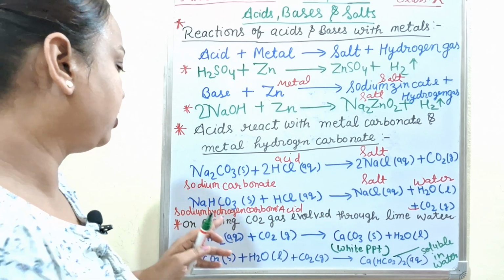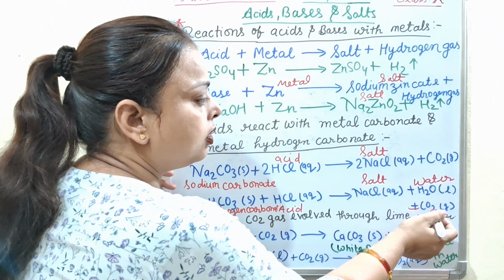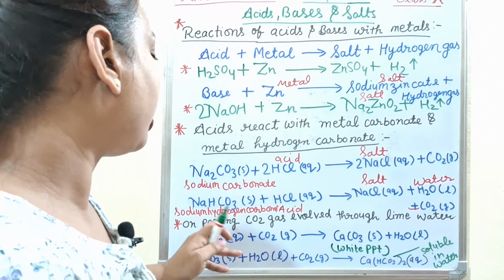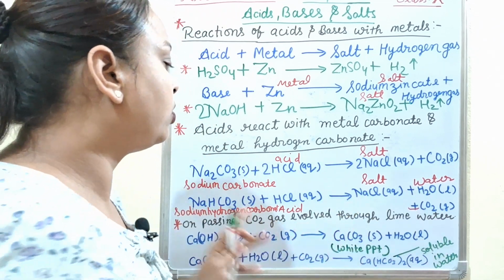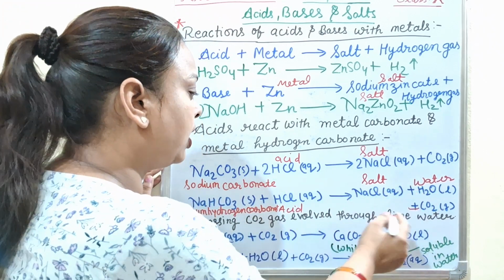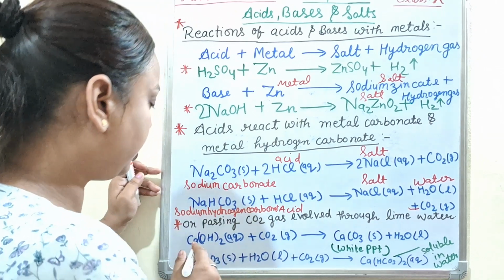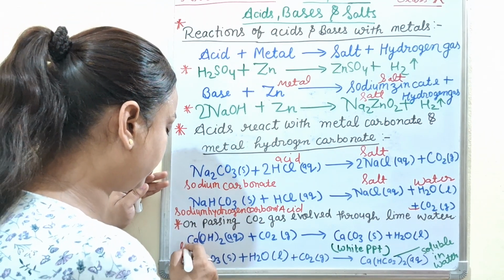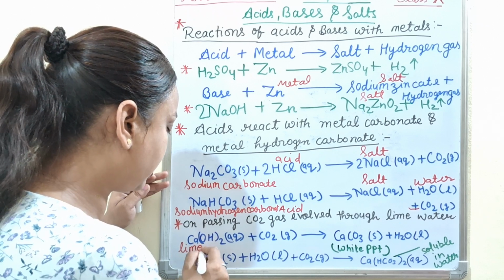Now this CO2 evolved is passed through lime water. When this CO2 is passed through the lime water, then what happens? Here Ca(OH)2 aqueous, this is lime water.